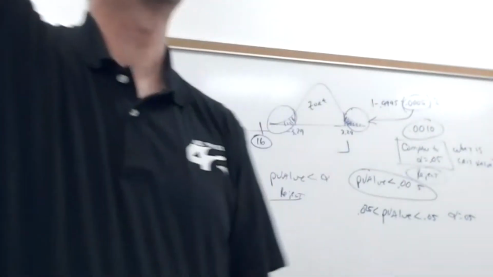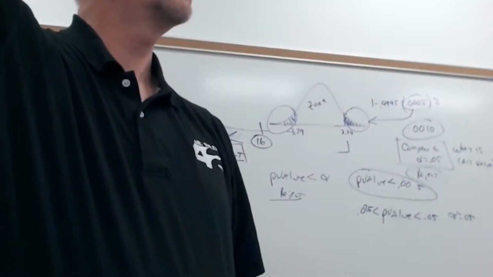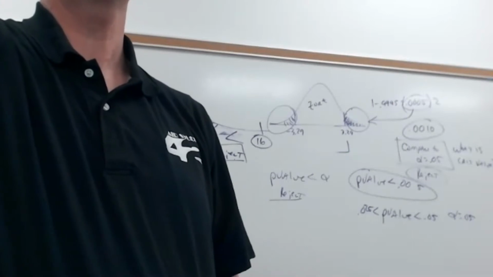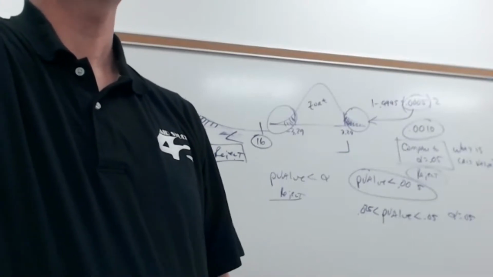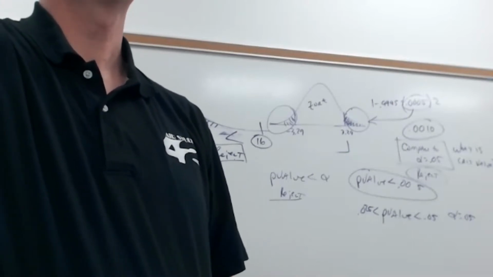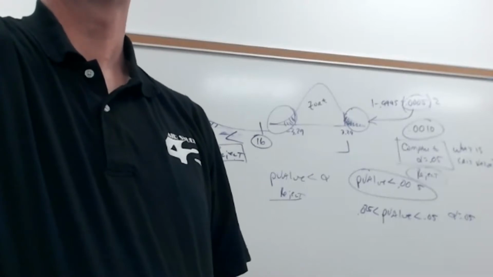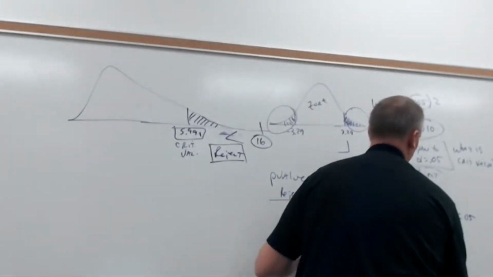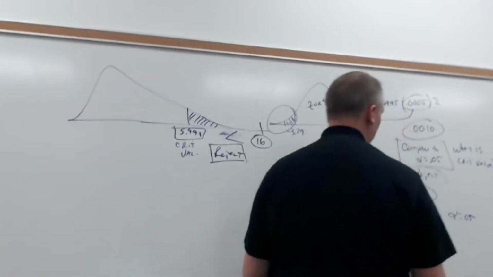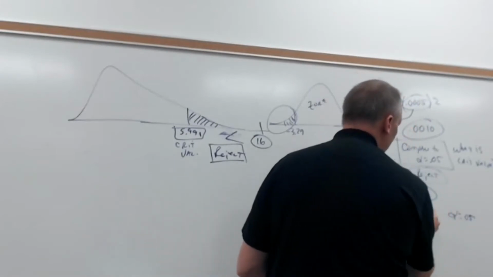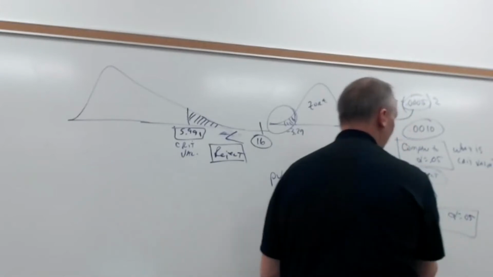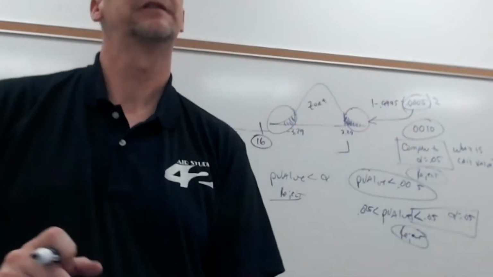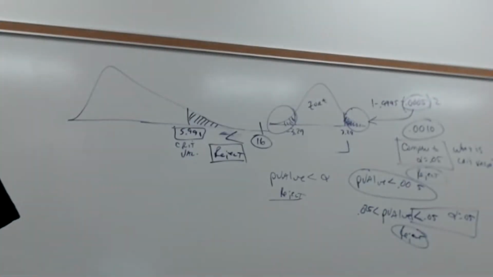Who says reject? 1, 2, 3, 4, 5, 6, 7, 8, 9, 10. Who says do not reject? 1? You're overruled. Reject is correct, because it's less than 0.05. Does that make sense, Gabrielle?